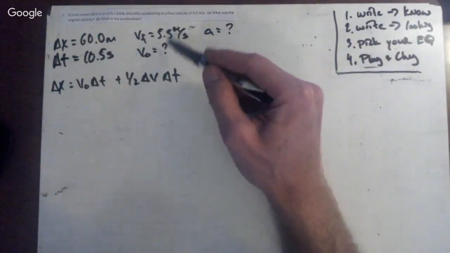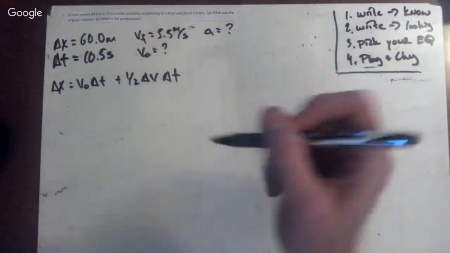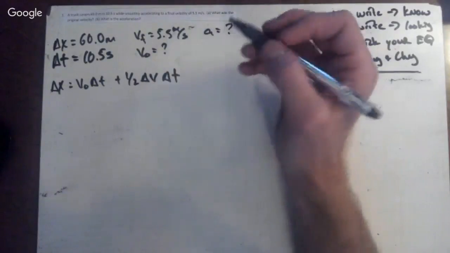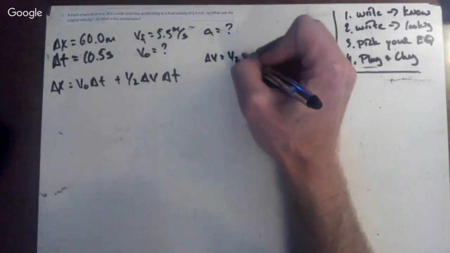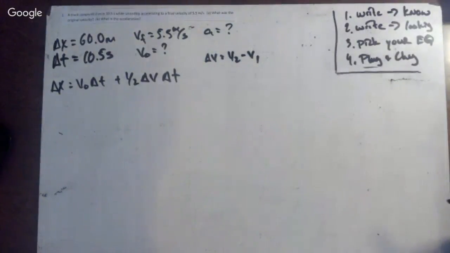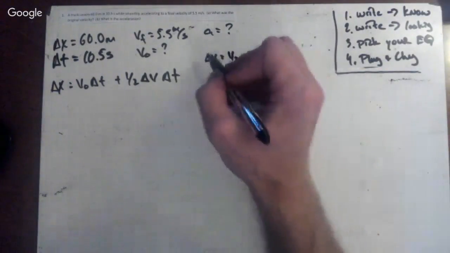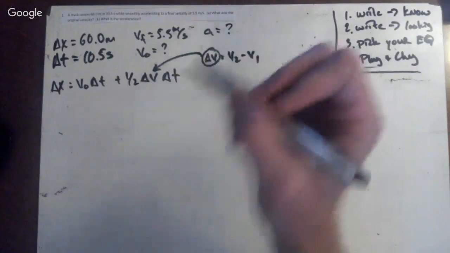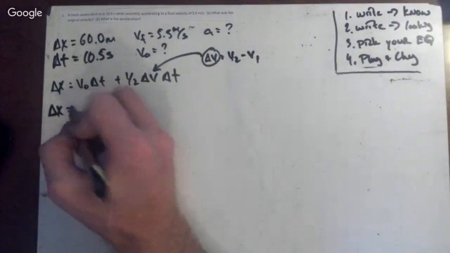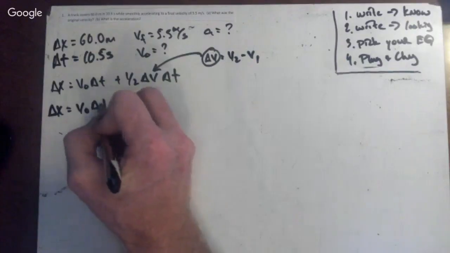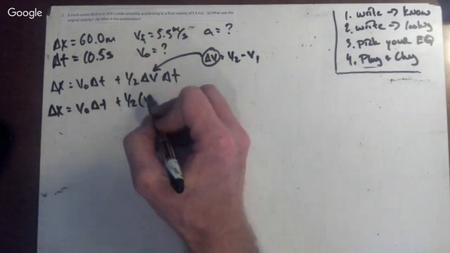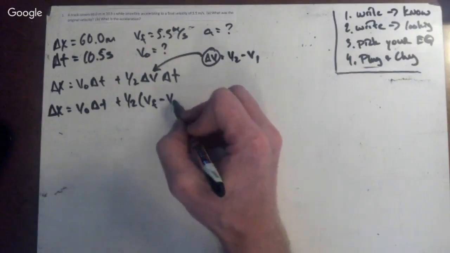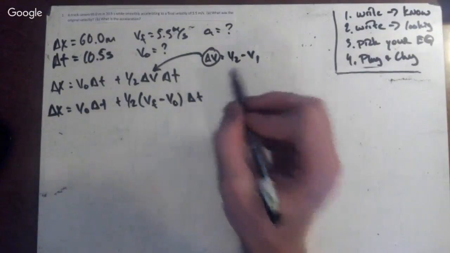But let's see if we can work this out since we don't know v0 yet, which means we don't know delta v. But, as I've mentioned a couple times during this session, delta v is equal to v2 minus v1. If we substitute this into there, we can rewrite this equation as v0 multiplied by delta t plus 1/2 vf minus v0 multiplied by delta t.